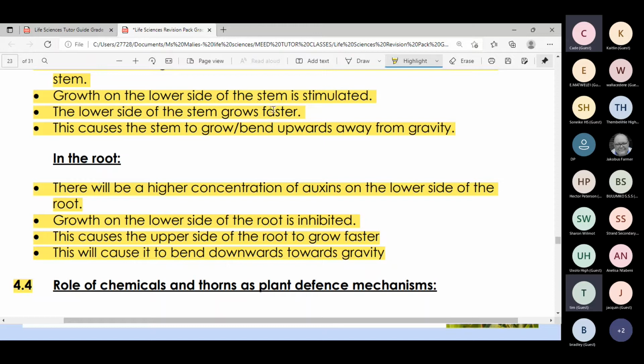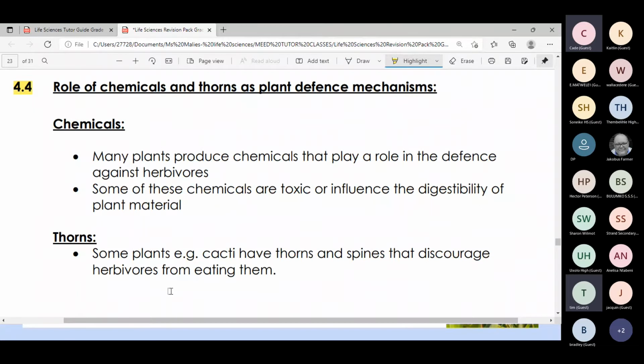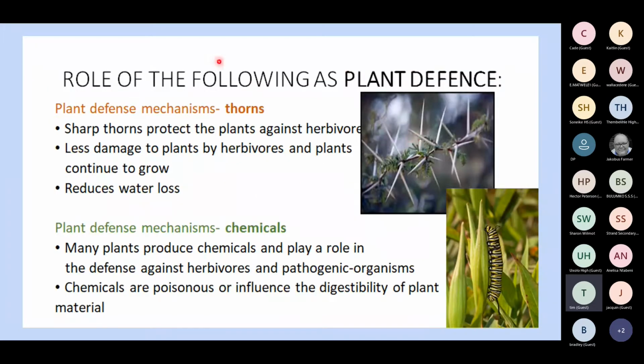Now, our next part, which is on our slide, is the role of chemicals and thorns as plant defense mechanisms. So if I go back to my slide. Plants need to defend themselves because they want to grow. So there are two plant defense mechanisms, thorns and chemicals.